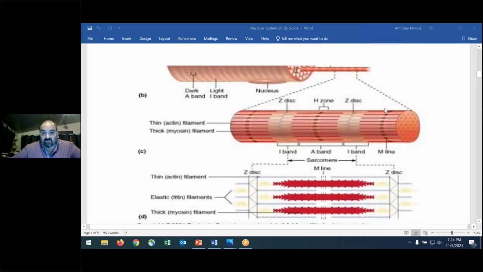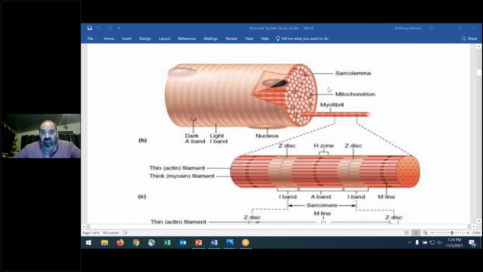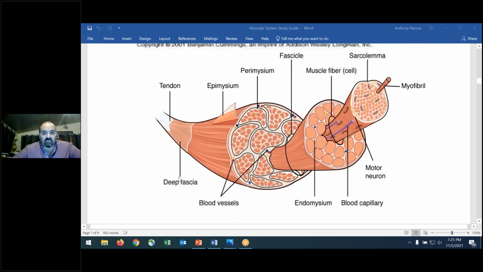Let's just see here. So here you're looking at a muscle fiber, a muscle cell. It's comprised of many myofibrils. These myofibrils are composed of many myofilaments, and you'll see the dots in here, actin and myosin. Understood? So that's an important concept. So I'm showing you how the muscle is made up of fascicles.